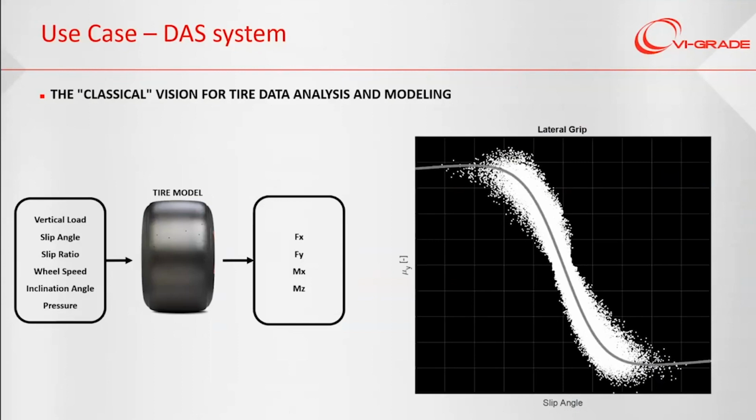We can see that without the data variability related, for example, to thermal effects, the identification of a standard Pacejka tire model can be unreliable due to the high complexity level of the tire-road interaction.